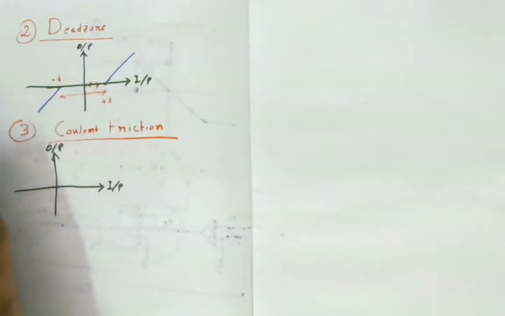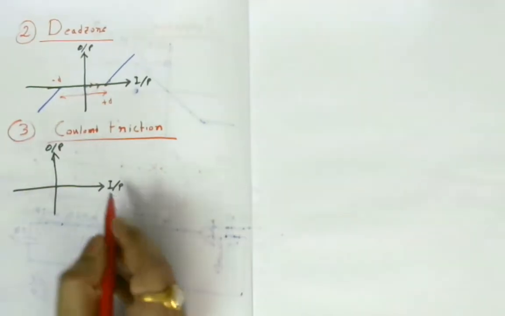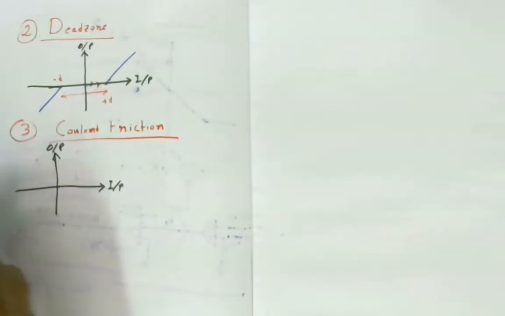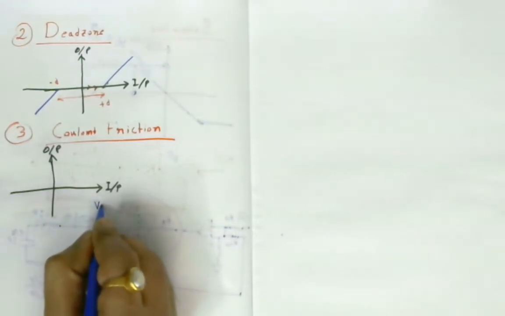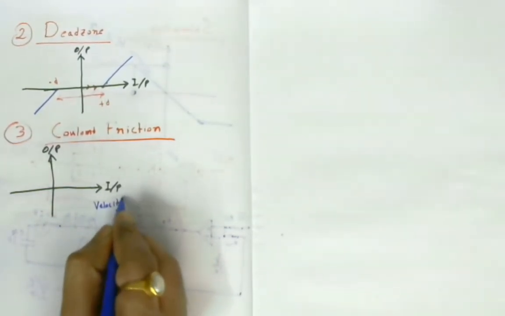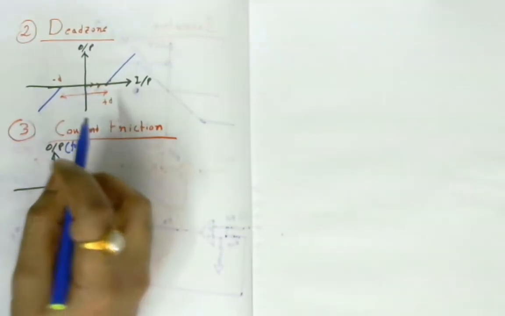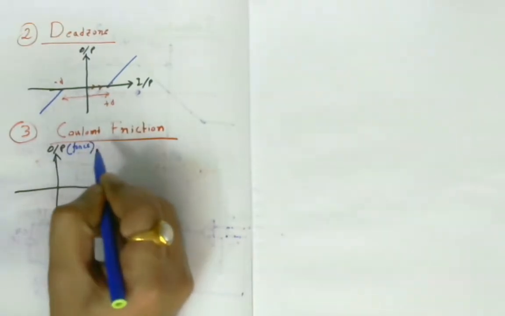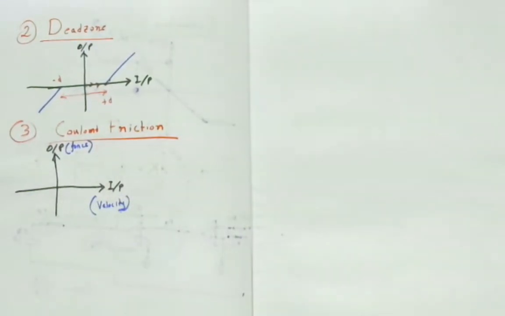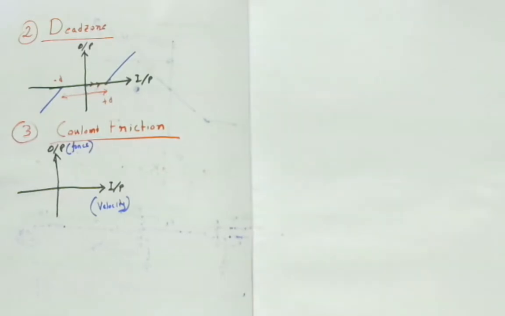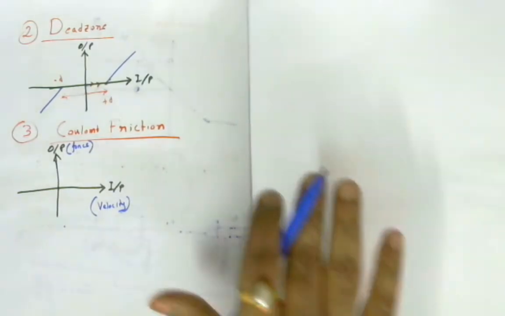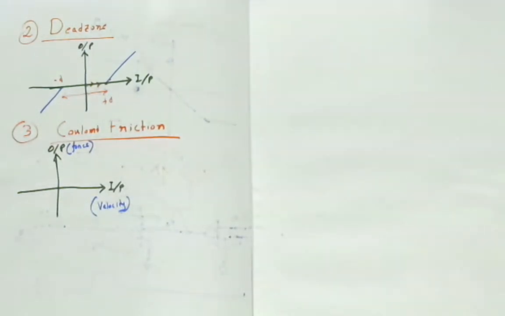In this case, if I consider friction, then the input may be considered as velocity and the output is force. Frictional force opposes the motion whenever there is a sliding contact between mechanical surfaces. If two blocks are moving along their surfaces, there must be a friction force.